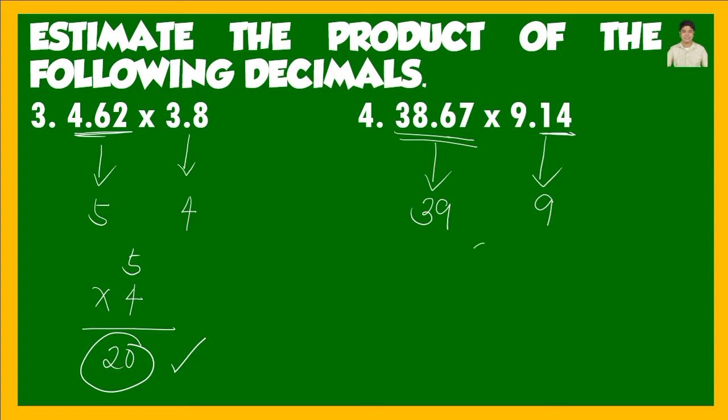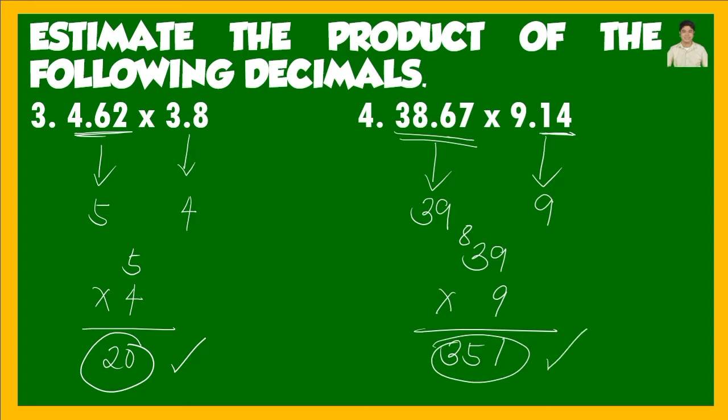And then we're going to multiply 39 by 9. 9 times 9, 81. So we'll write 1 and then carry 8. 3 times 9, 27 plus 8, 35. So our estimated product is 351.